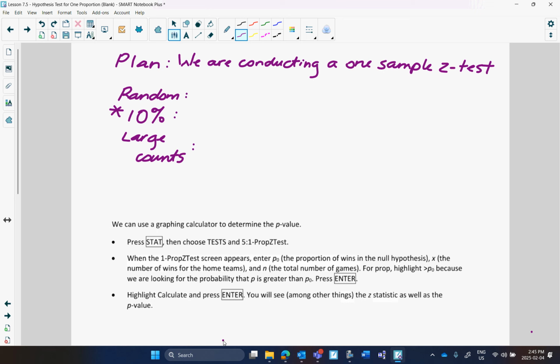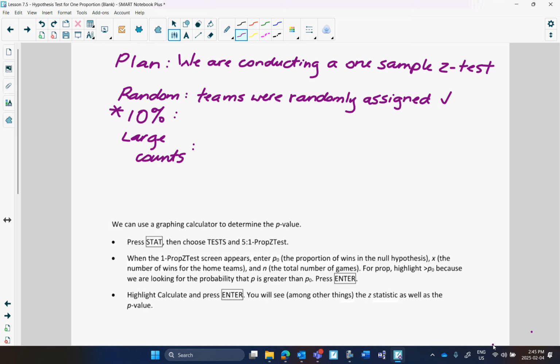So teams were randomly assigned, either to be home or away. So that's okay. That meets our random condition, which means that we can say that the average of the sampling distribution is equal to the null value, 0.5.